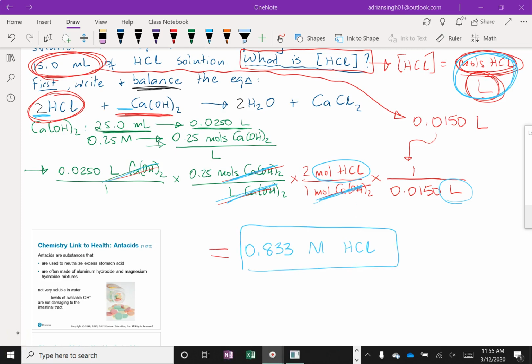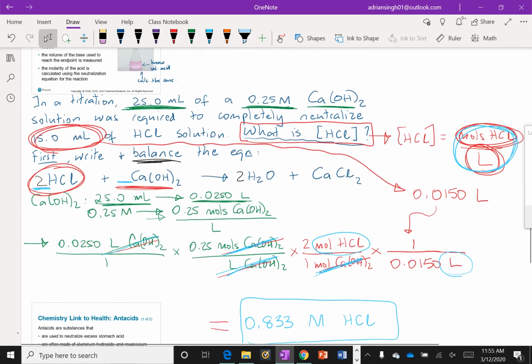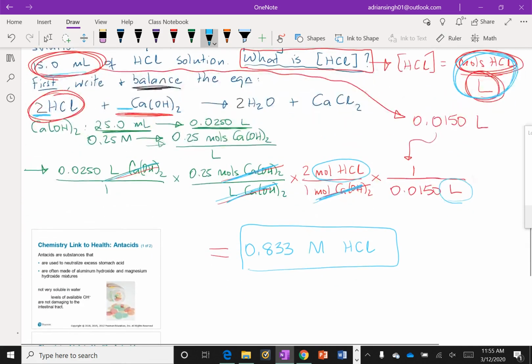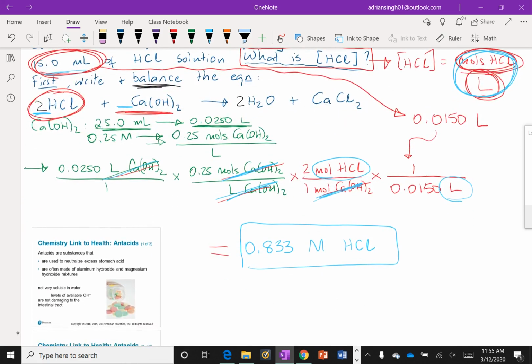If we plug our numbers in, we end up with a value of 0.833 molar HCl. Let's double check that we have the right number of sig figs. So let's see, 3 sig figs, 2 sig figs, 3 sig figs. So the final answer can only have 2 significant figures. So it'll be 0.083 molar HCl.